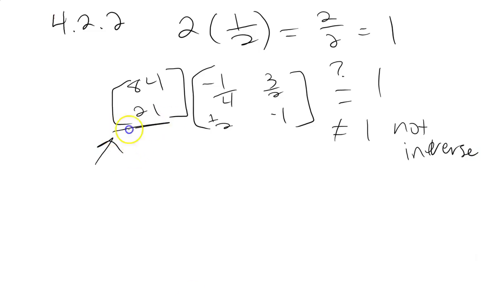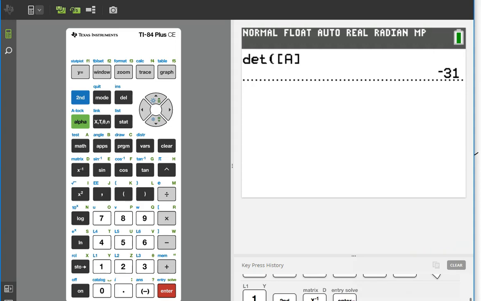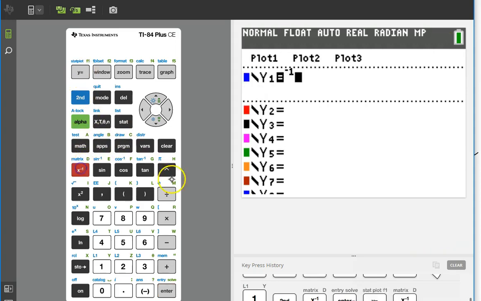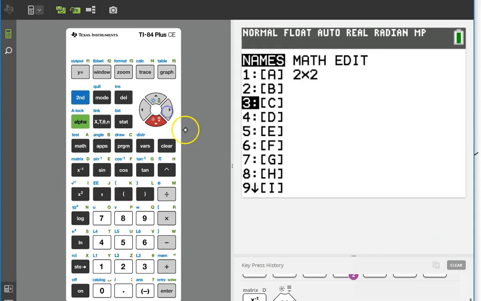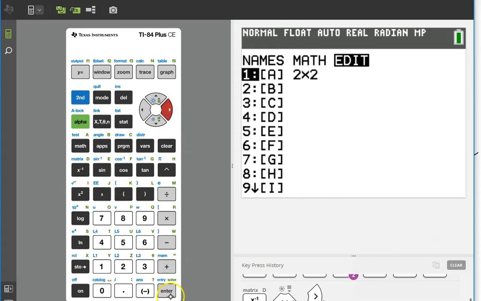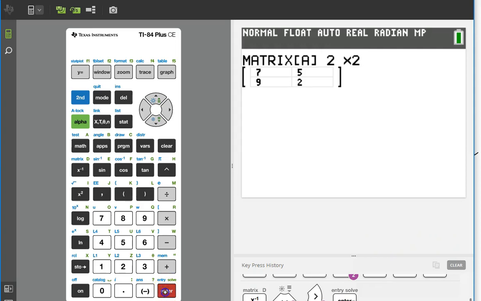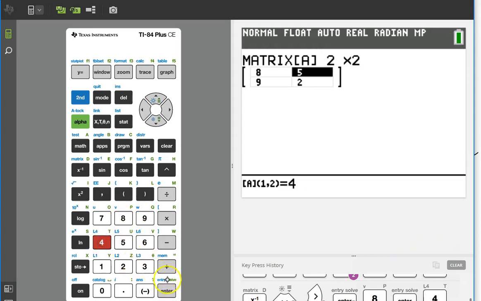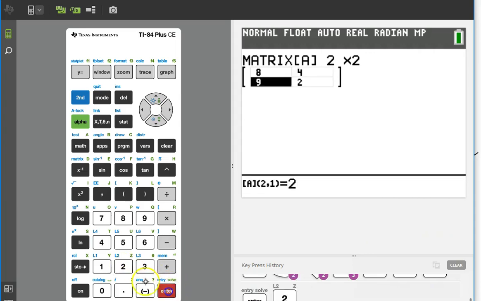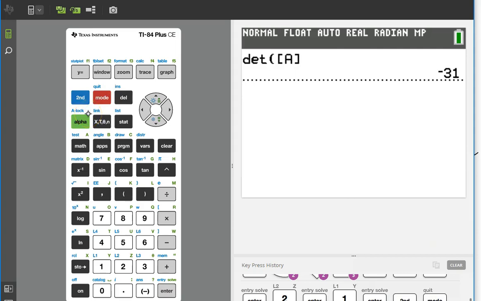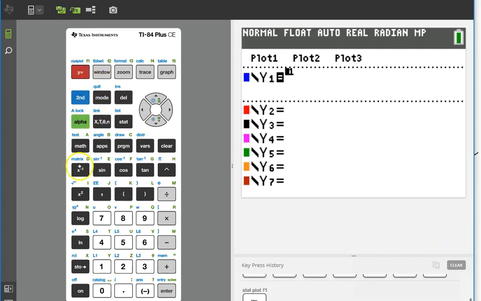So we're going to type this one in matrix A. So I'm going to go back to second matrix, edit, matrix A. It's still a 2 by 2. It is 8, 4, 2, 1. Okay, then I'm going to do second quit. Then I'm going to do second matrix A. Why do I keep doing that?